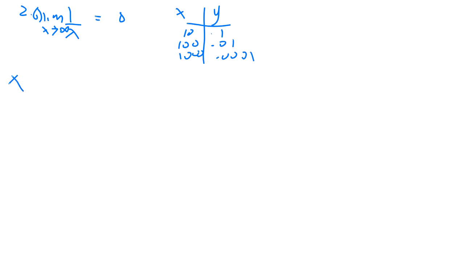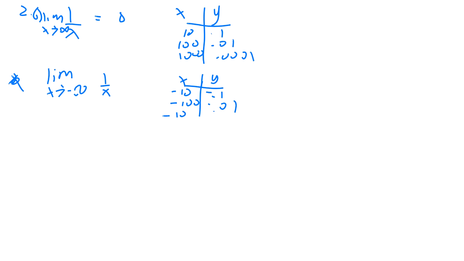Okay, so now let's say we have the limit as x approaches negative infinity of 1 over x. So what happens here? We'll do our xy chart again to see. So x is negative 10, giving negative 0.1, negative 100, negative 0.01, negative 1,000.